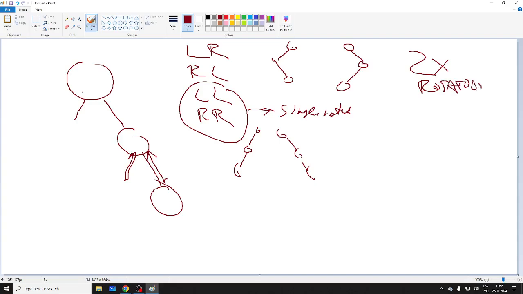And that's all the cases we have. We have to figure out that the imbalance can only occur at one place, as long as it was previously AVL, of course. If it was not AVL, then we have a problem, right?